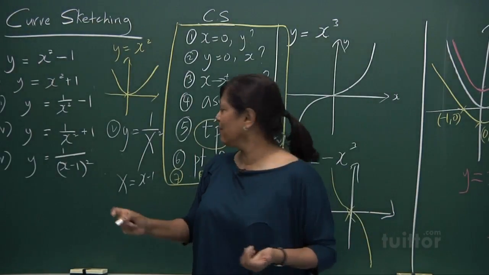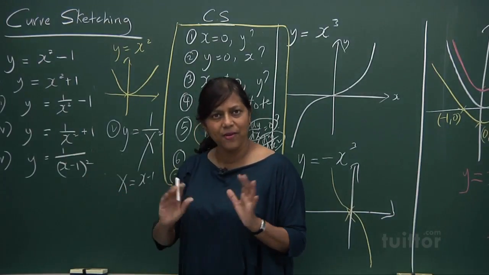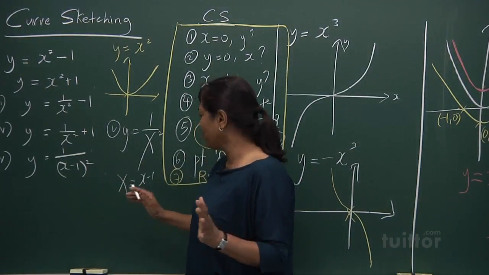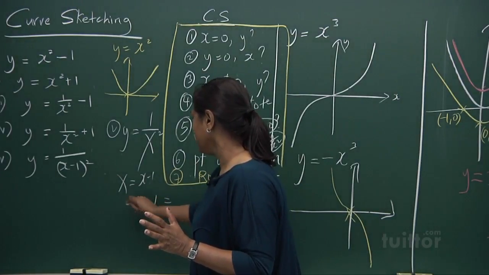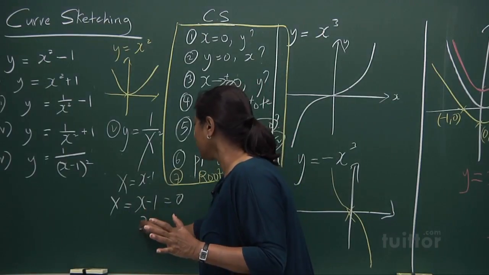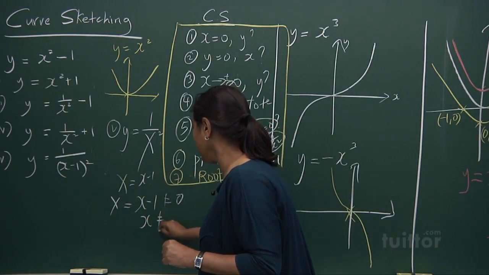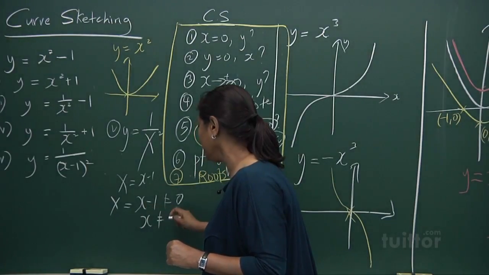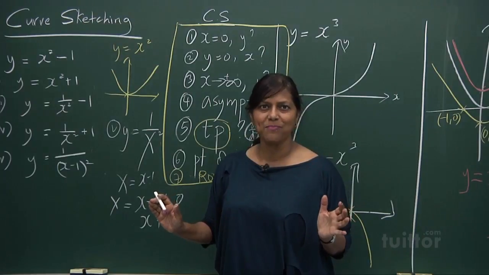So x minus 1 can never be 0, which means your small x can never be equal to 1.